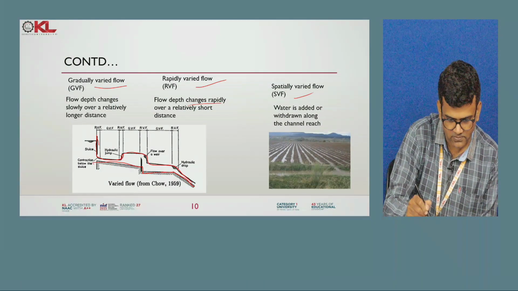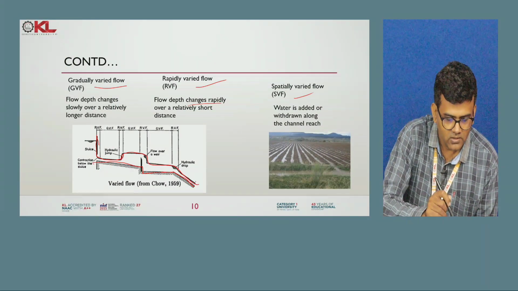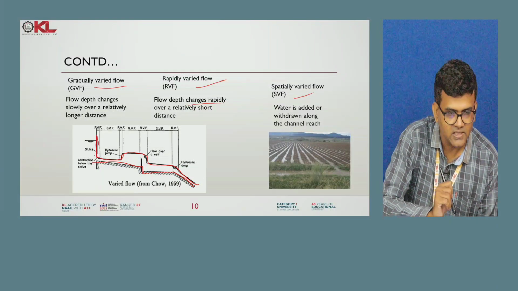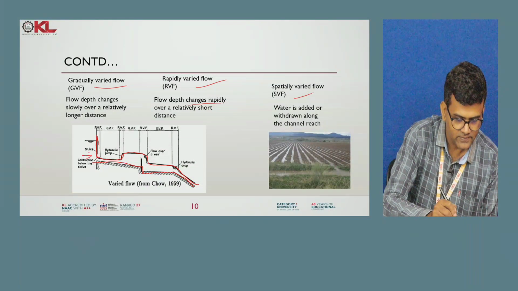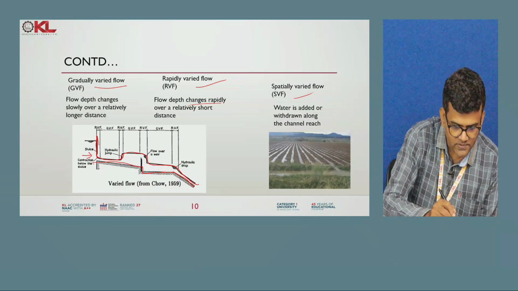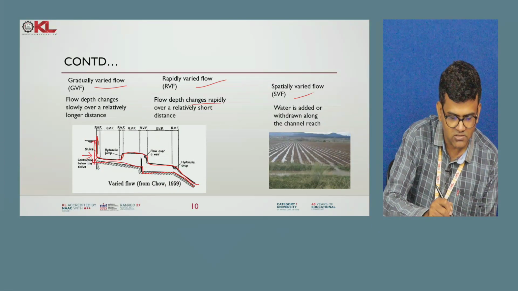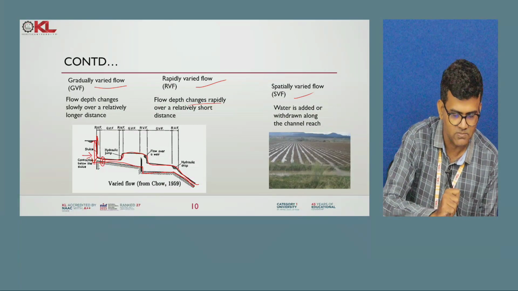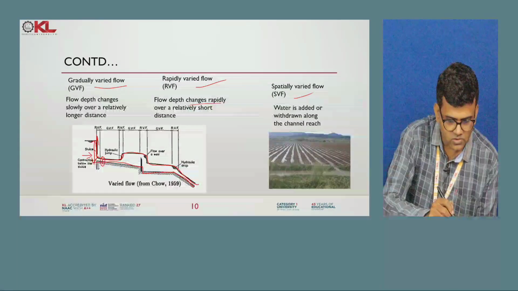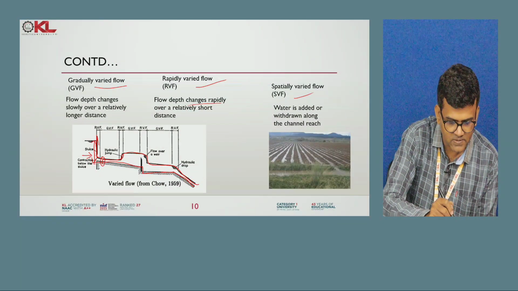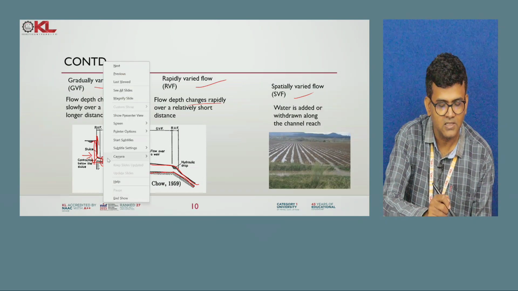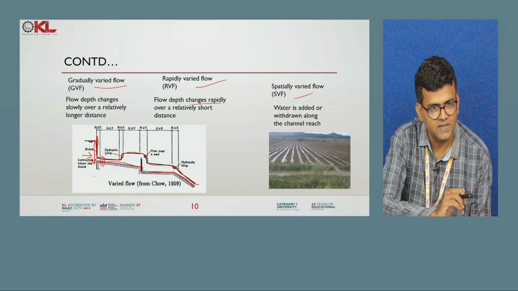The sluice gate is there, flow is entering. Here the depth of flow is this much. After the sluice gate, the depth of flow becomes very small. So before this structure and after this structure, there is a large change in the depth of flow.